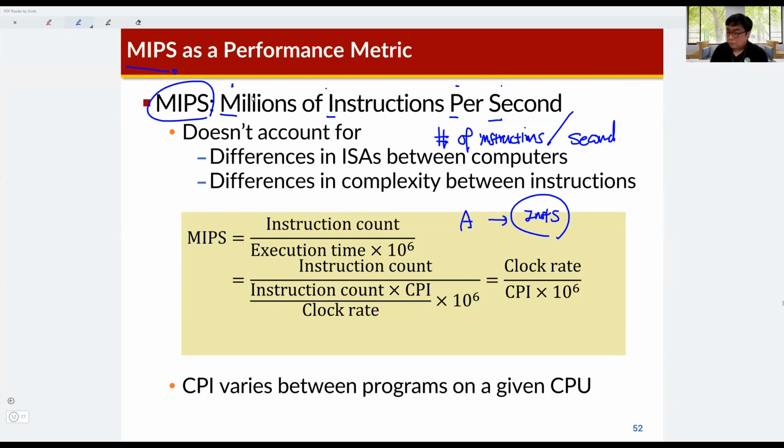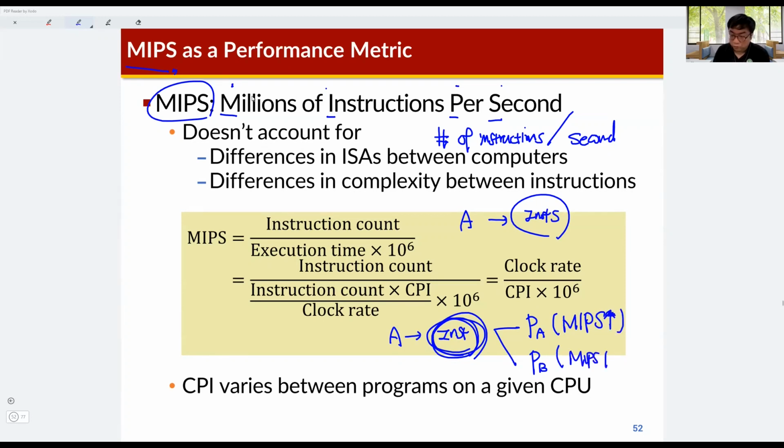If the same number of instructions are executed by different processors, so A is compiled and then the instructions are generated, and this application will have the same number of instructions. And then these compiled applications are executed by processor A or processor B. Processor A has the higher MIPS number, and processor B's MIPS is lower.